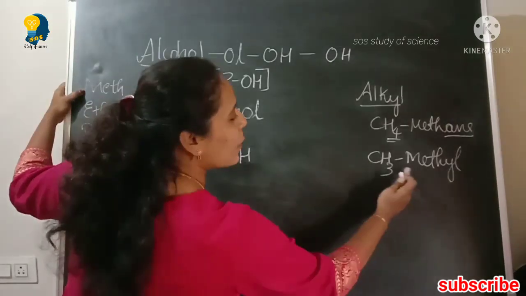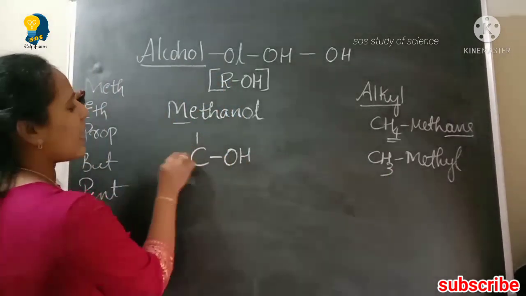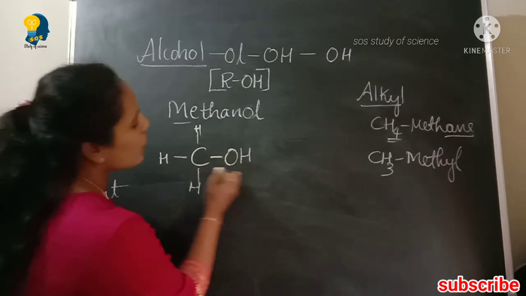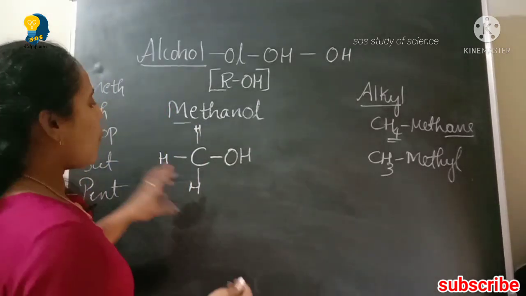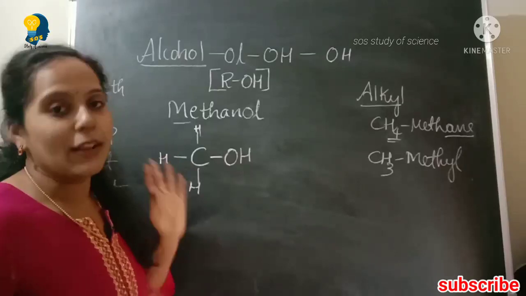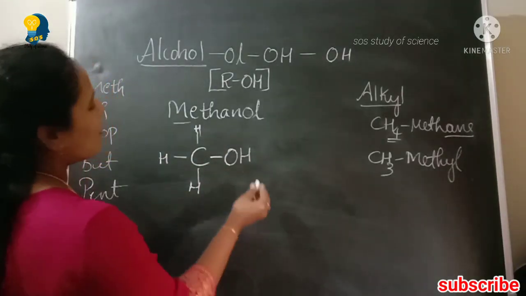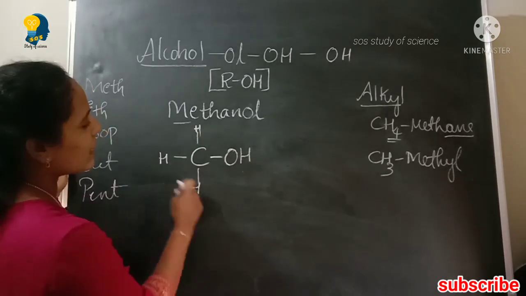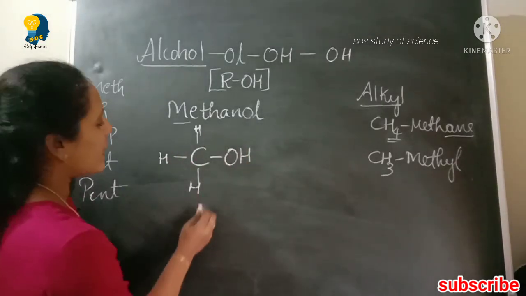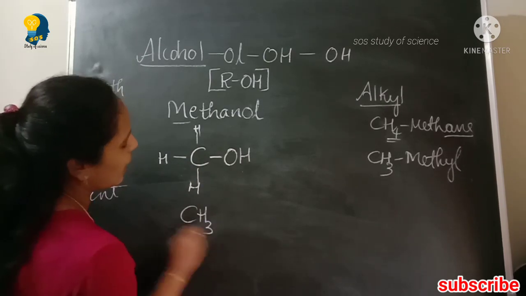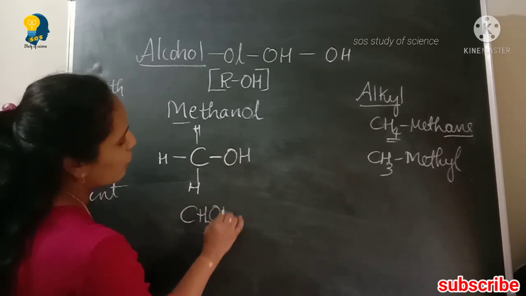By removing one hydrogen atom, I got 3. So CH3 is my alkyl group. This alkyl group is attaching to the OH. Now we got methanol, very easy to remember. By looking at the structure, the formula is very easy to write: one carbon is bonded to 3 hydrogen and our functional group OH.